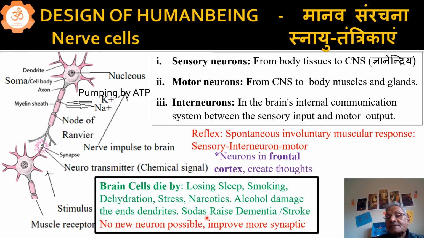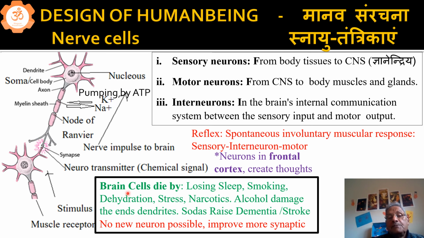Sodas raise the risk of dementia or stroke. So in order to be healthy and conscious in old age also, we must avoid all these things. We should sleep properly, we should not have stress, and we should leave smoking, etc. It should be in our mind.